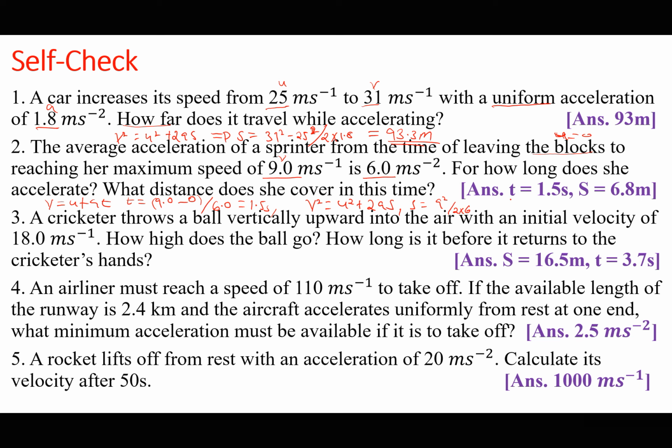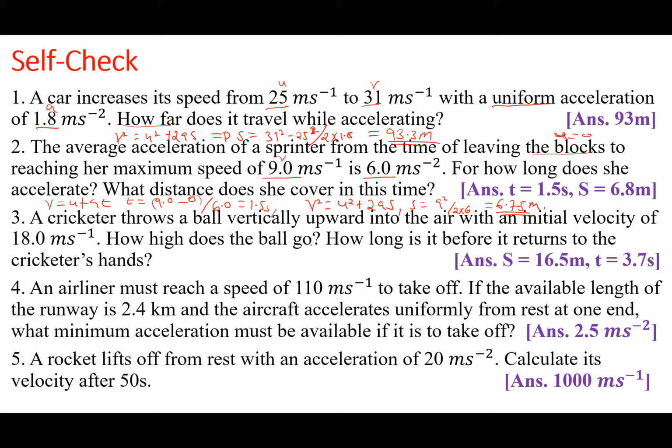So 9 squared divided by 2 times 6 is giving me 6.75 meters, and so on and so forth. So you can already solve such questions. I'll not solve all of them.